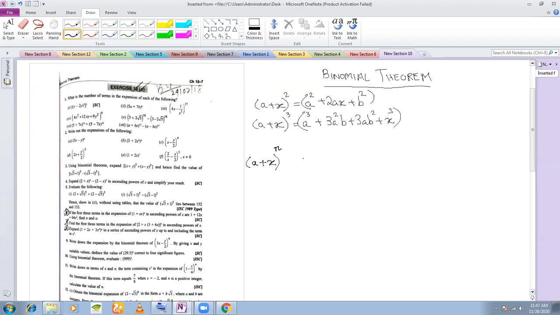For the time being, we consider a plus x to the power of n, where a and x are rational numbers and n is a positive integer.